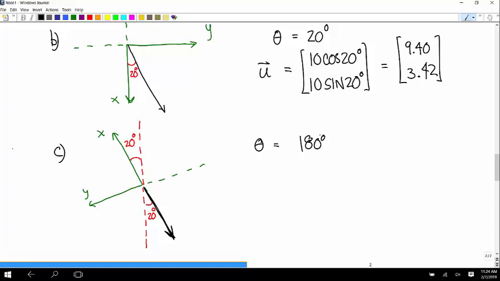Okay, so this red line doesn't matter except to orient ourselves to the physical thing, to orient ourselves to the vector. But that red line isn't really a thing. So you go from the positive x-axis counterclockwise until you hit the vector. It's 90 to get there, another 90, and so 180.